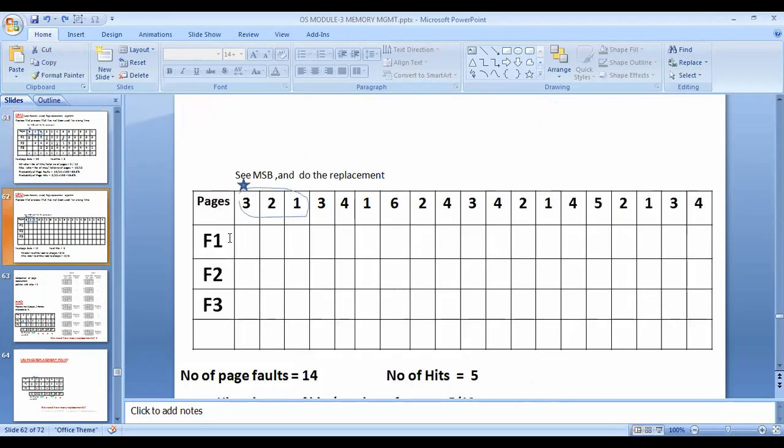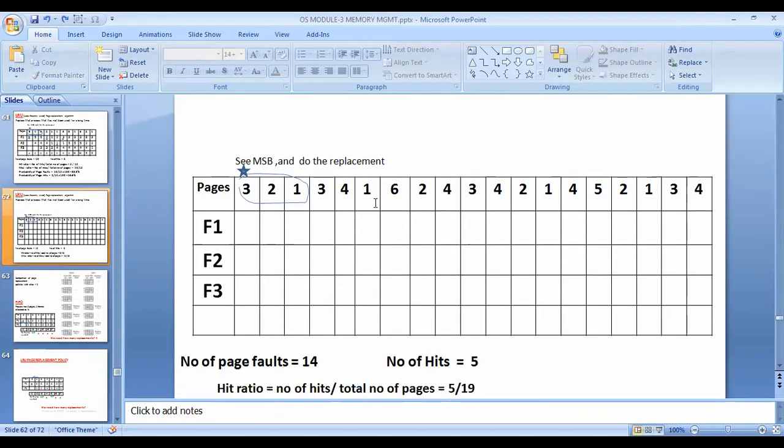Similarly, we have one more sequence of pages given here. For this sequence of pages, which algorithm do you need to use to solve it? LRU, the least recently used algorithm. And again, remember the small clue and go on solving.